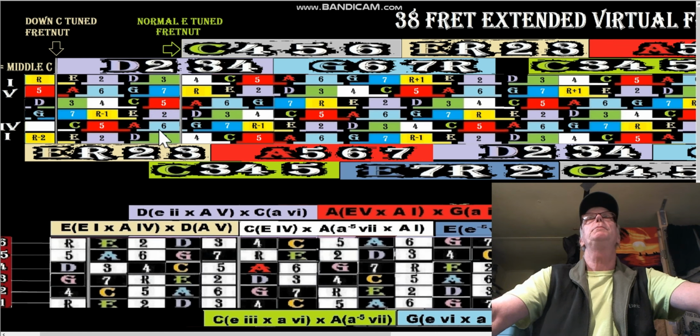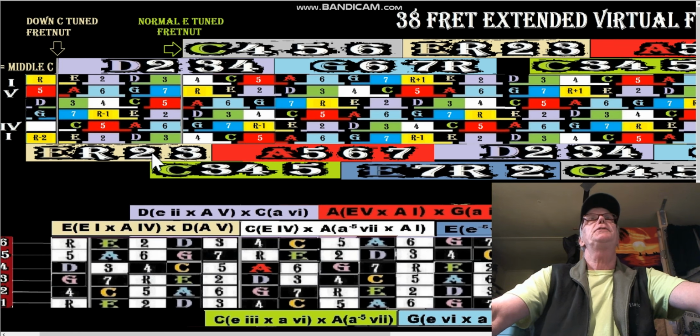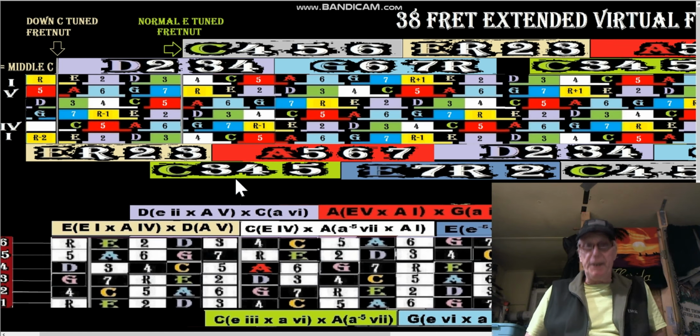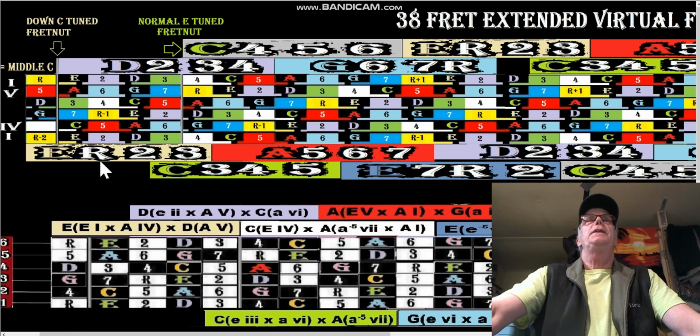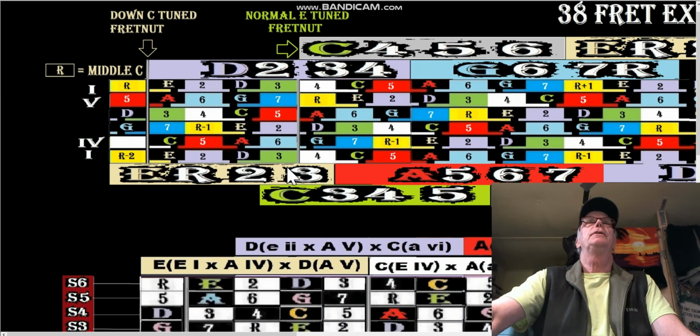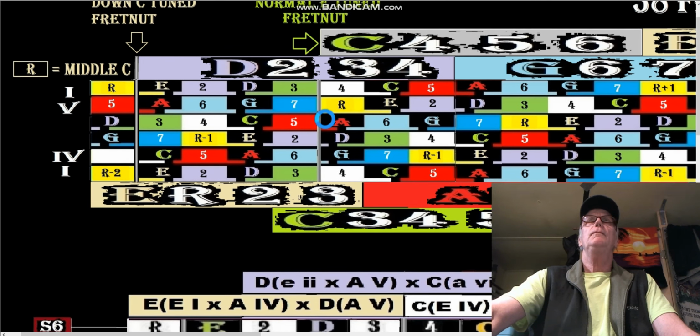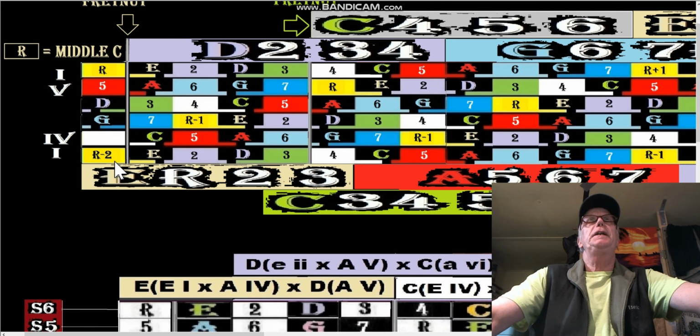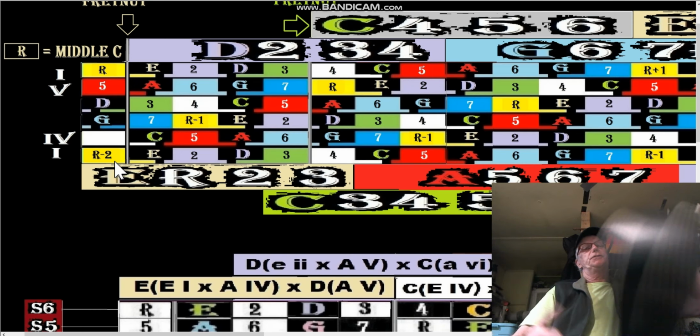But it's most important to learn these numbers. That's why they're so big. These numbers are so big because these are the important numbers to learn. Now, about assigning numbers and colors. On my guitar, I have colors here.